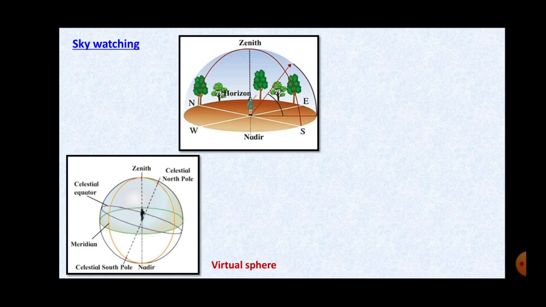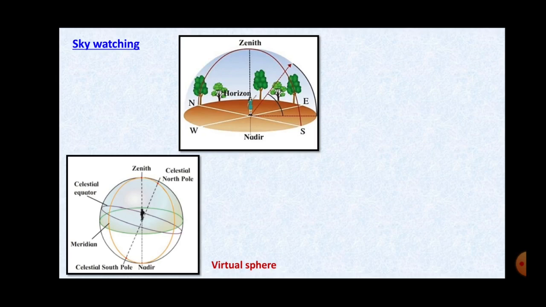If we expand the Earth's equator in all the directions indefinitely, then this equator penetrates the celestial sphere, and this circle is called the celestial equator. Right? It is the same as the Earth's equator. So Earth's equator and celestial equator are the same.